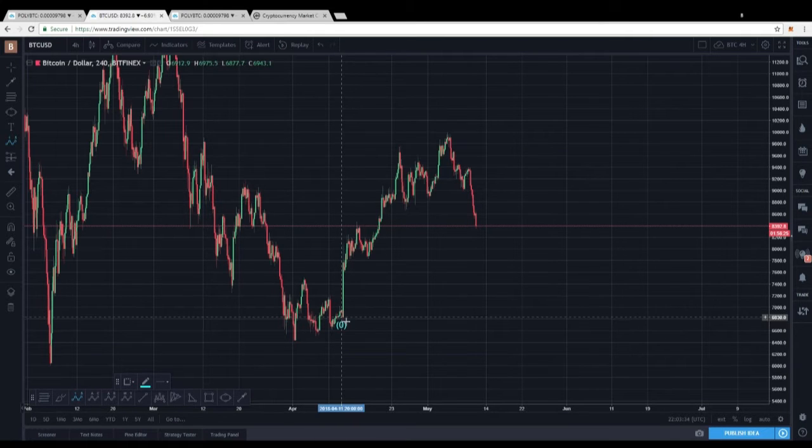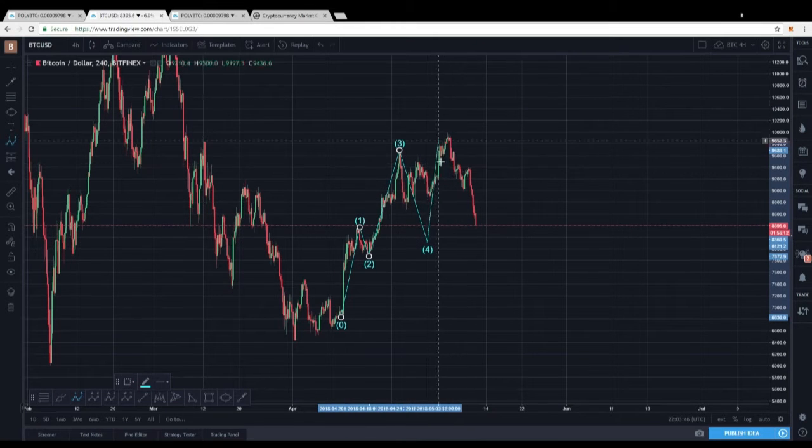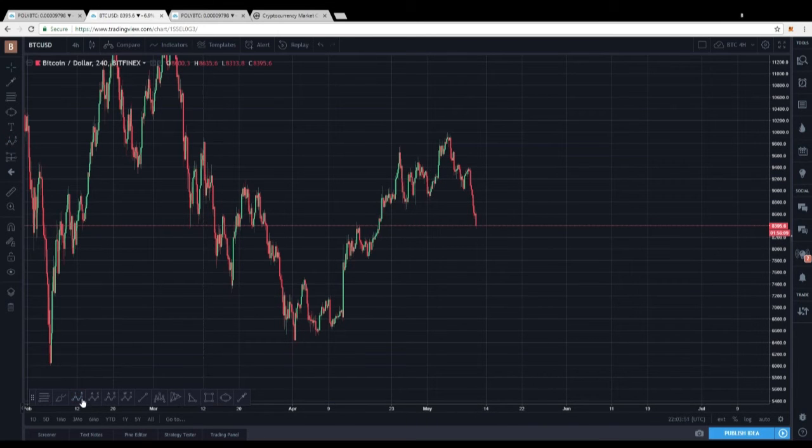We'll go from here to here, here, here. And this fourth wave could not retrace down into this area. It couldn't come down that far and then go up. That is not allowed in Elliott Wave. So, as long as all of those rules are met, then this is a valid Elliott Wave.